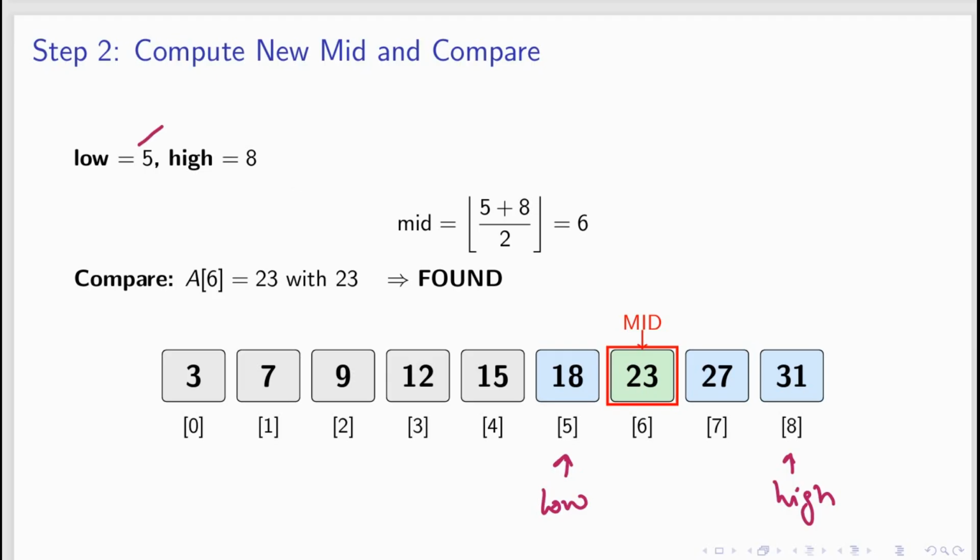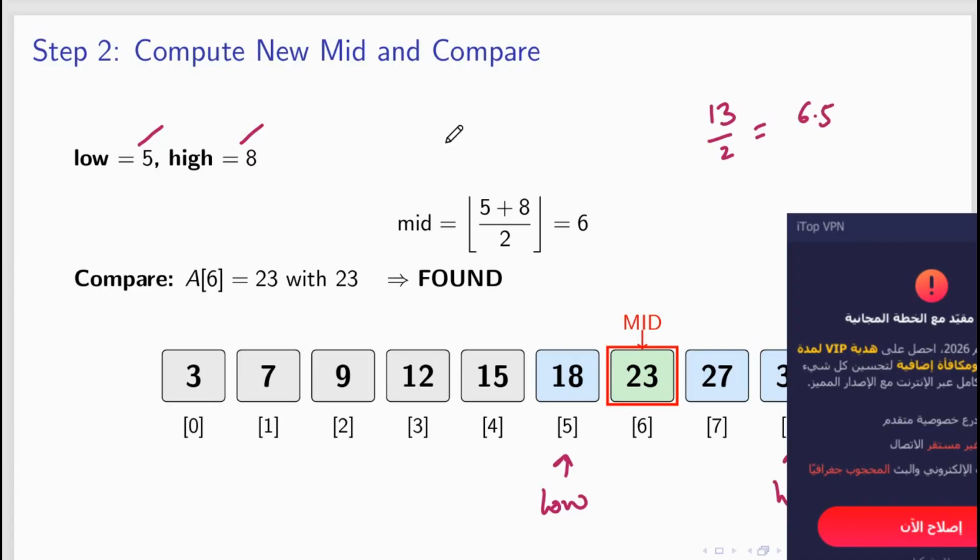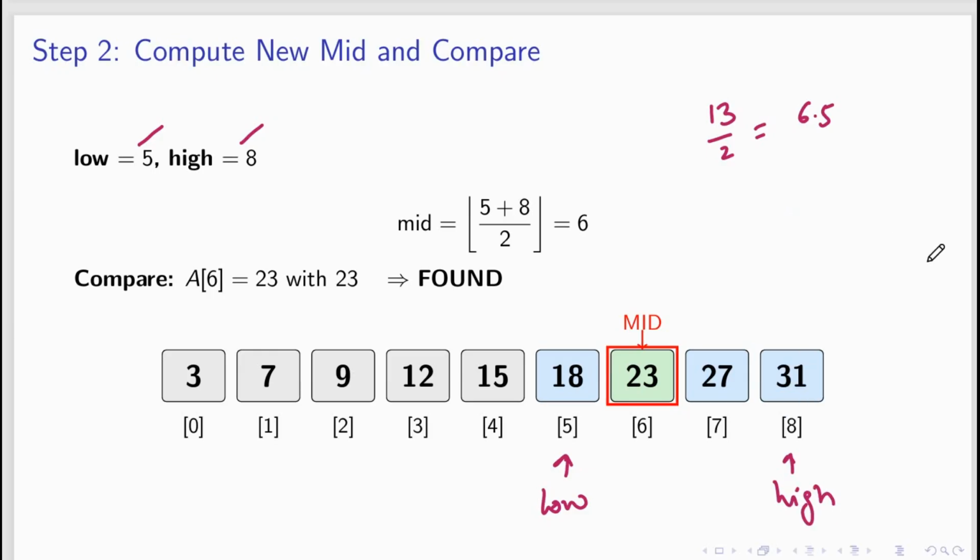As you know, low is 5 and high is on 8. 5 plus 8 is 13, divided by 2. 13 divided by 2, the answer is 6.5. But due to the floor, you will get only 6, the floor value, that will be 6. Now mid will exist on index number 6.